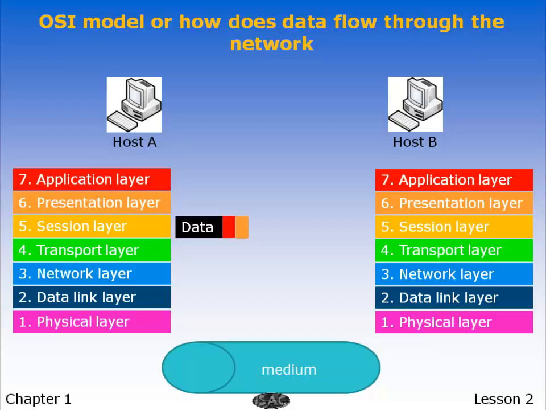The session layer considers all this information, including data, application layer header, and presentation layer header, as one slightly bigger data packet and adds its own header, the yellow one, sending it to the next layer down, the transport layer. The transport layer, of course, doesn't know anything about the application layer header, presentation layer header, session layer header, or even the raw data.